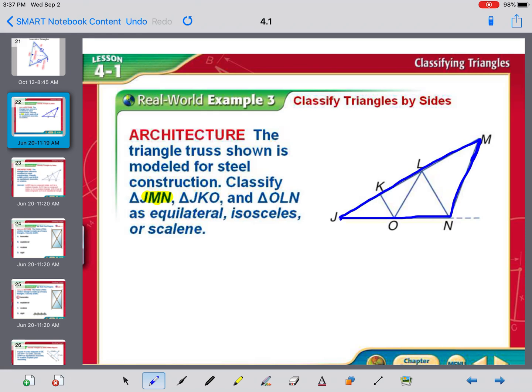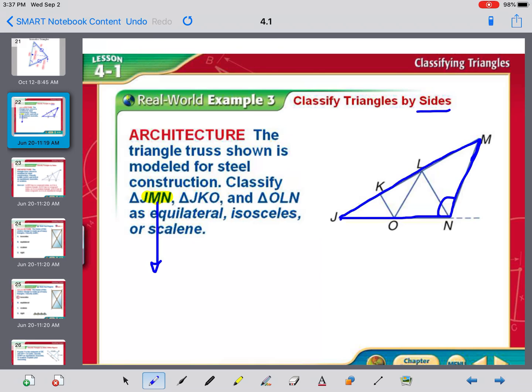Looks like the whole truss, just a triangle truss. Looks like the whole truss is triangle JMN, sorry. And it appears to me that this angle here is greater than 90.